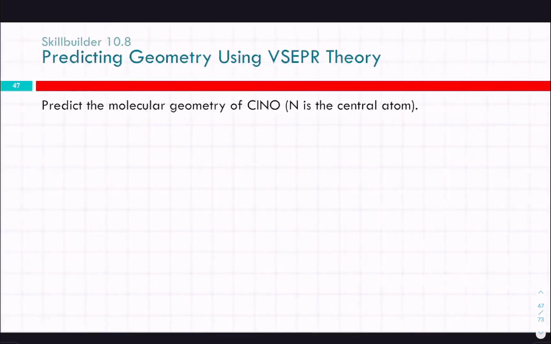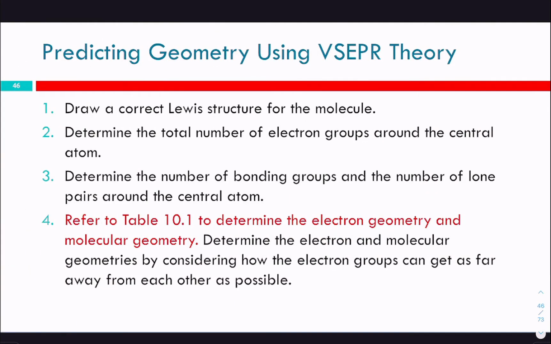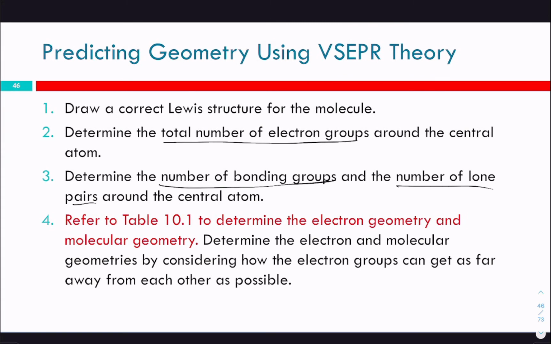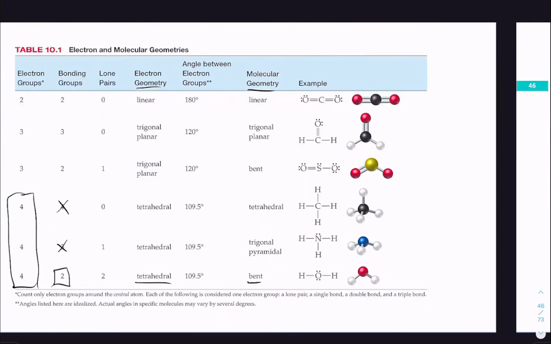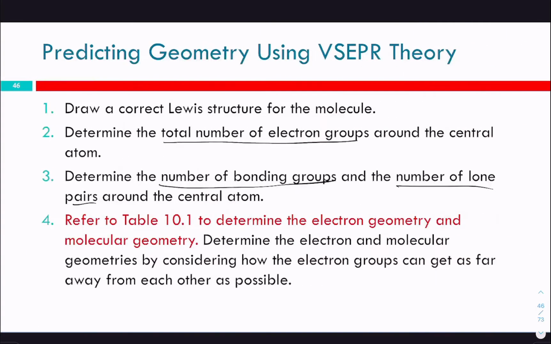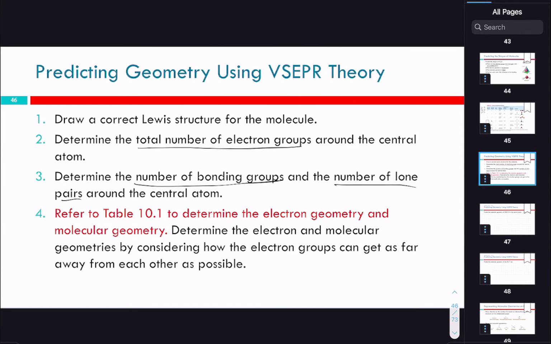Then you count the total number of electron groups around the central atom, and that's the key. We're always going to be doing it for the central atom. We don't get any more complicated than that. And then you want to determine the number of bonding groups and the number of lone pairs around that central atom. And then you can just come back to this table and look up what your shape is. So I need to bookmark that page. Okay.